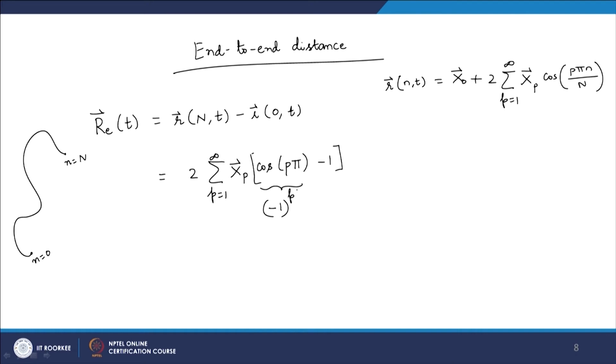So, if you notice here, all the even terms will cancel out, because for even terms we have cos p pi minus 1 equal to 0. Only the odd terms will remain.